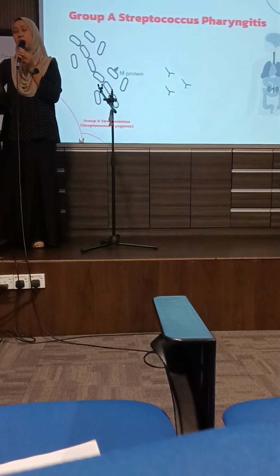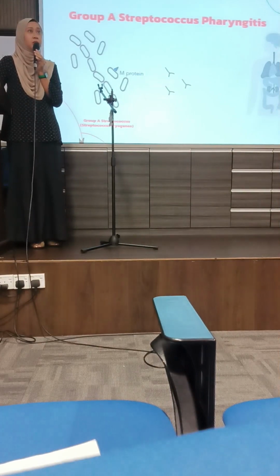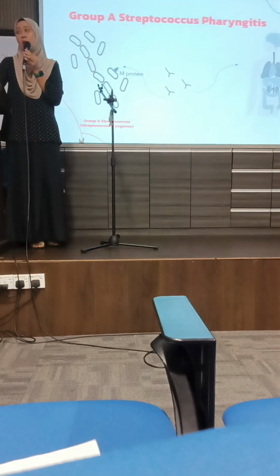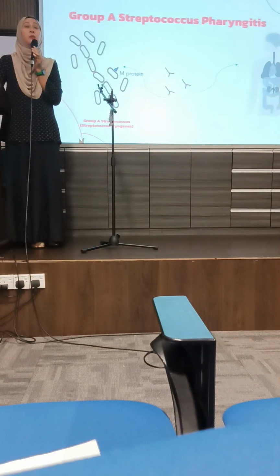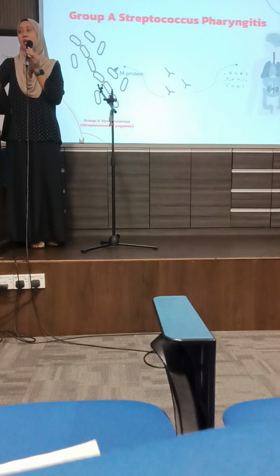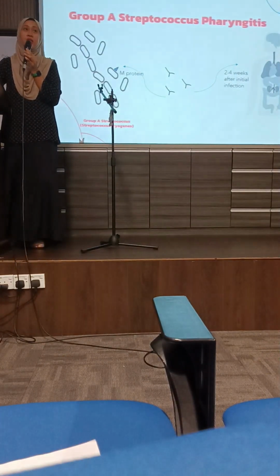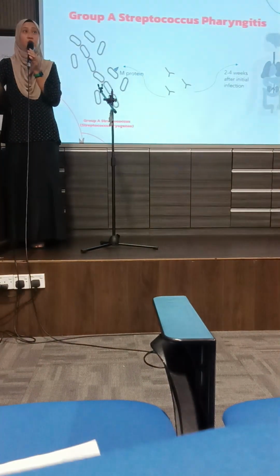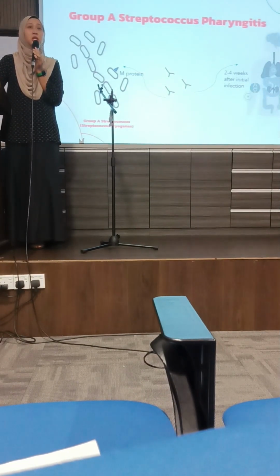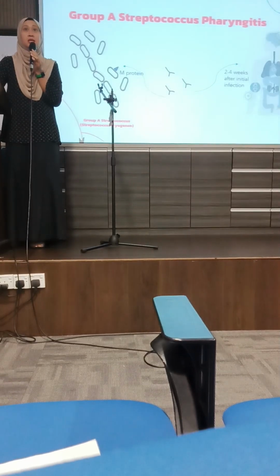The body has made these antibodies, but the problem is these antibodies not only react to the M protein, now they also react to your own tissues. This usually occurs 2 to 4 weeks after the initial infection. Like I said, it affects your brain, your joints, your skin, multi-systemic, right?